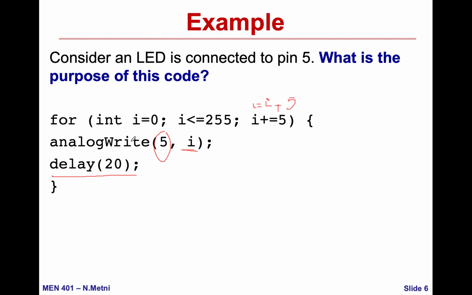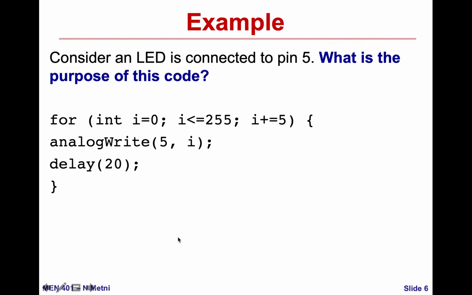If this is connected to an LED, you start with the LED off, then you see the light getting brighter and brighter until it arrives at a full 100% duty cycle. If you increase the delay, the increase in brightness will be slower. So this is a very simple application of analogWrite connected to an LED.